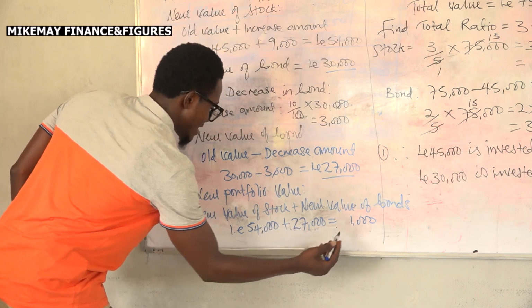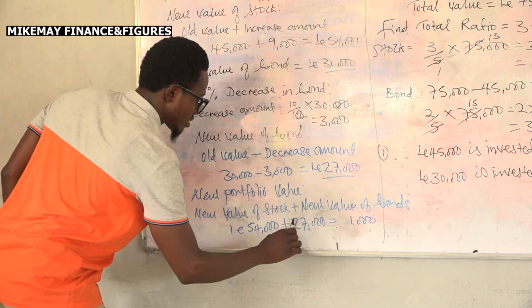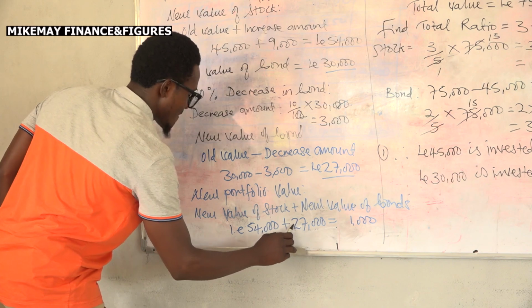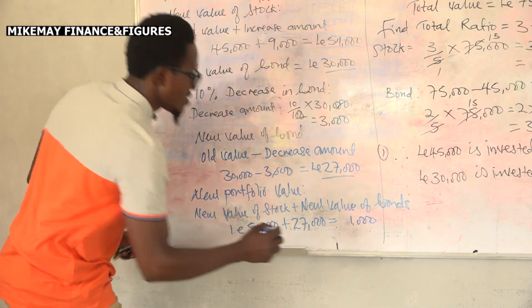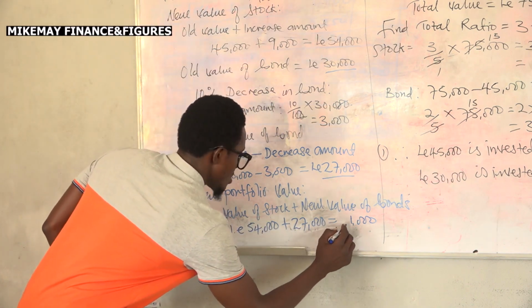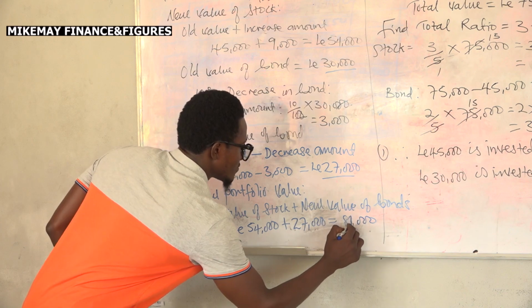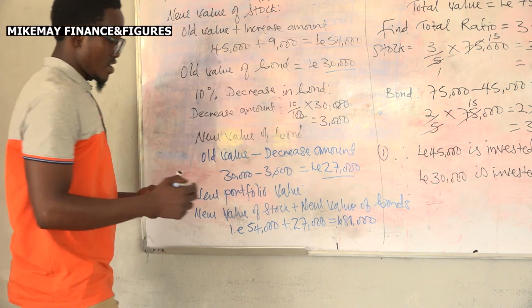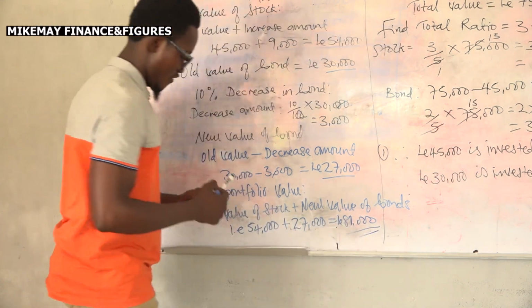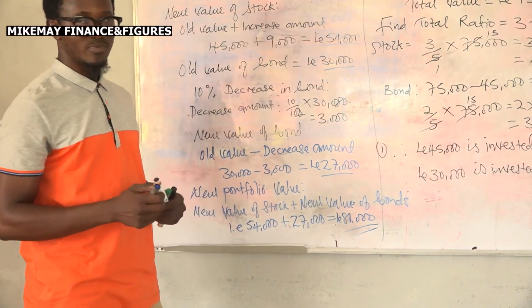So we write 1 and carry 1. The 1 plus 2 is 3 and plus 5 is 8. So the new value of the portfolio is 81,000 leons. So this is the new value of the investor's portfolio.